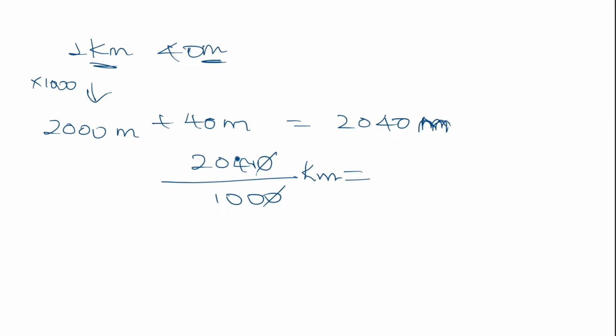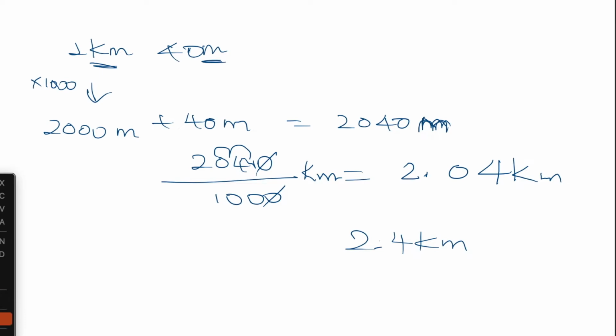Move the decimal, so it's 2.04 kilometer. The answer you gave me is 2.4 kilometer. It already has a difference of 0.36 kilometer, so that is wrong. Okay, let's go to the next question.